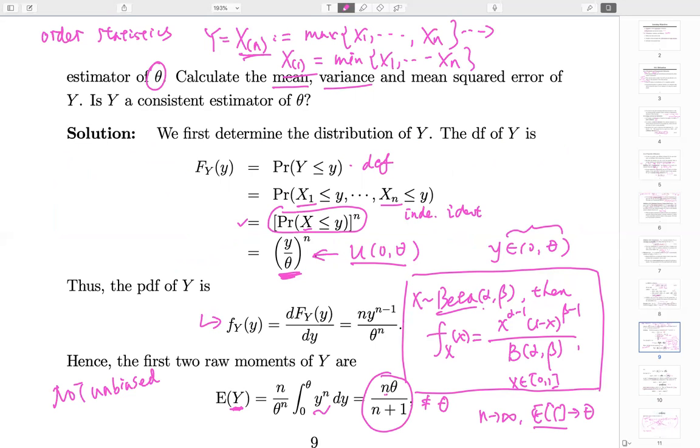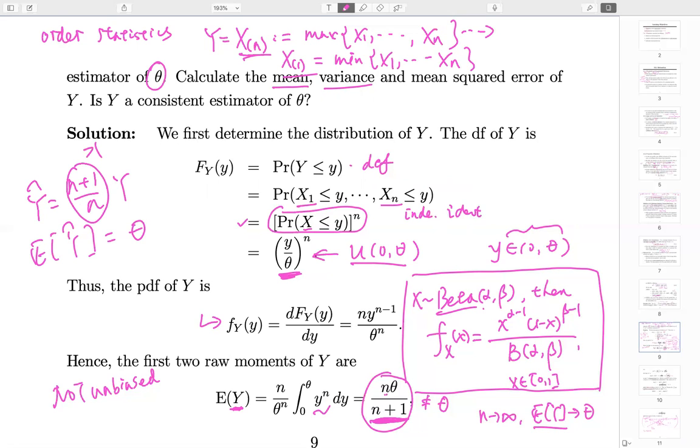Once you get this, you can always try a different one. I can get this, which is also an estimator for theta. So you can always get an unbiased estimator if you want, but of course this is greater than 1.